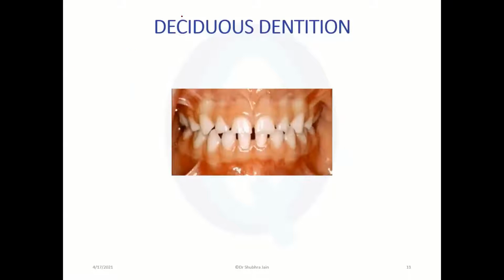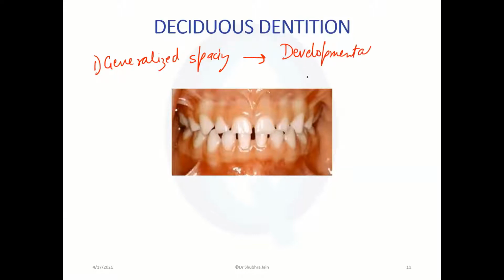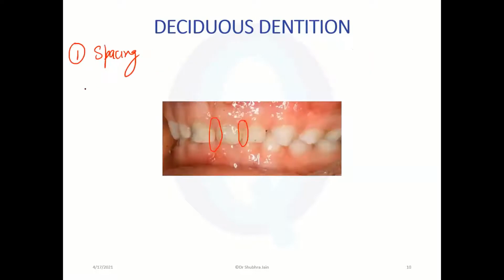Maybe we can see the next slide. Now this generalized spacing is also called developmental or physiological spacing.